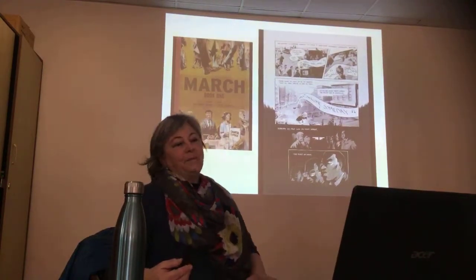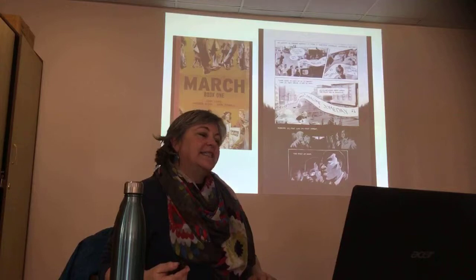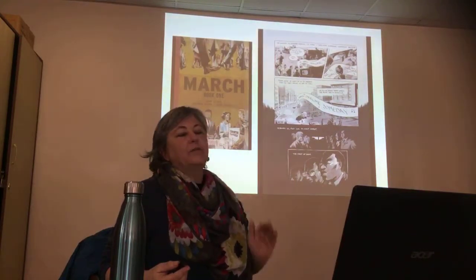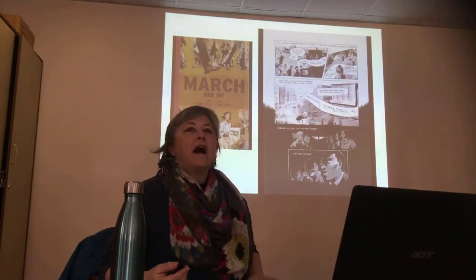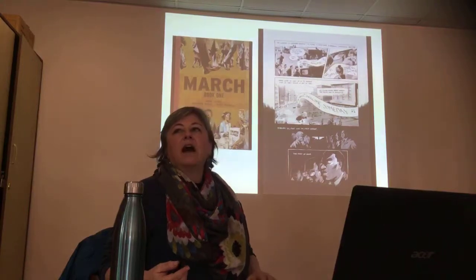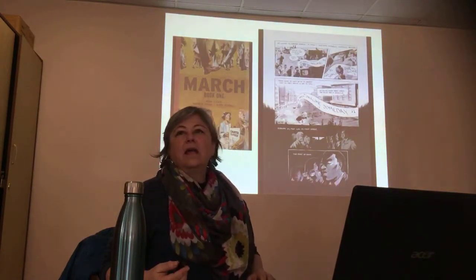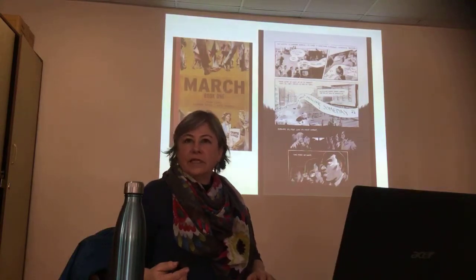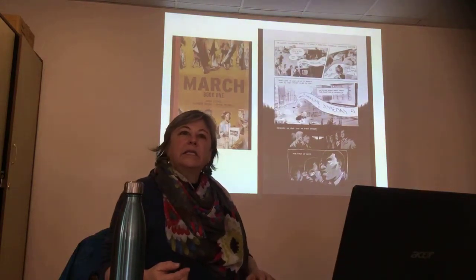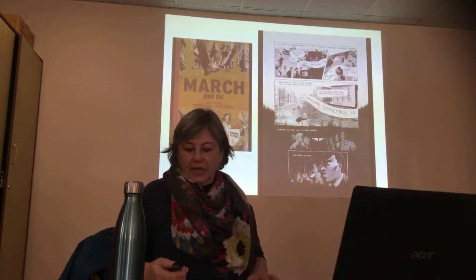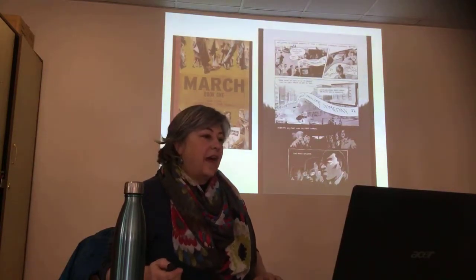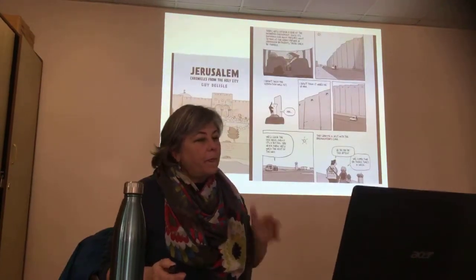This one has been a bestseller in the United States. It comes in several volumes. It's called March. It's based on the life story of Congressman John Lewis, who was a leader in the US civil rights movement. So it uses his personal story to give a political history of that movement.